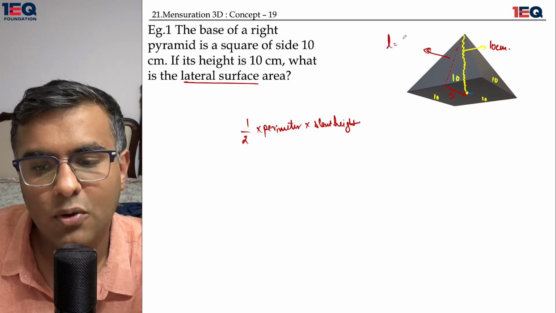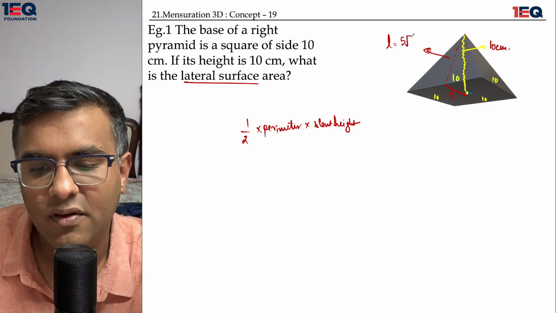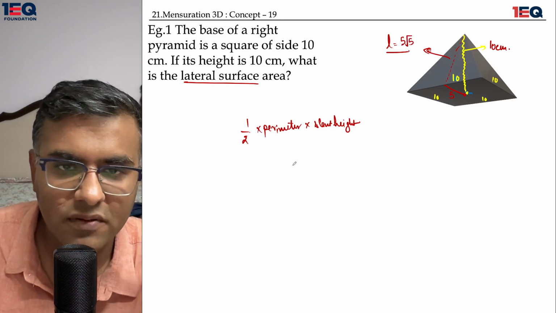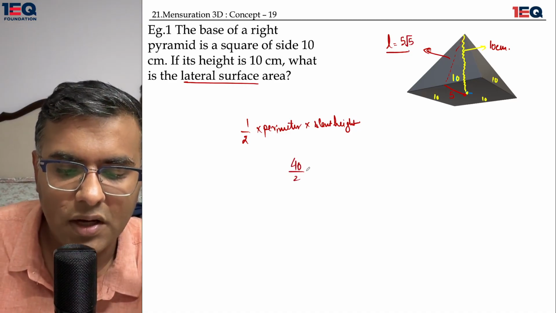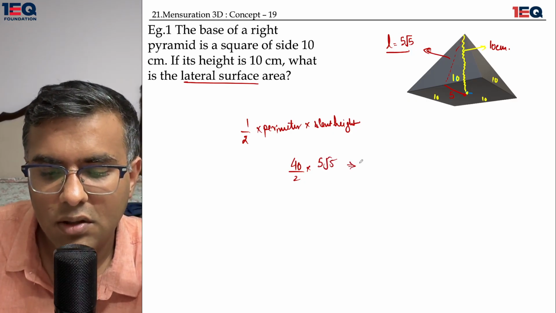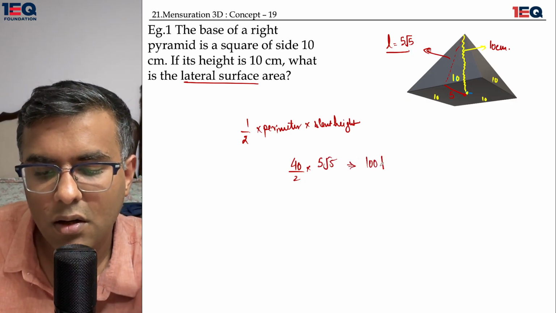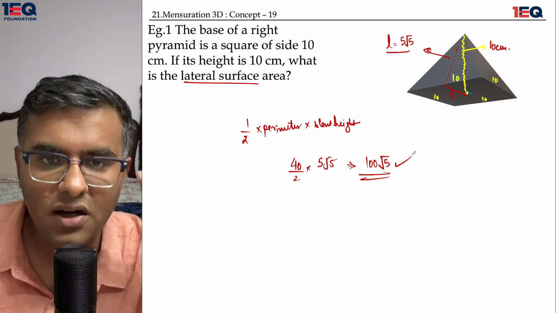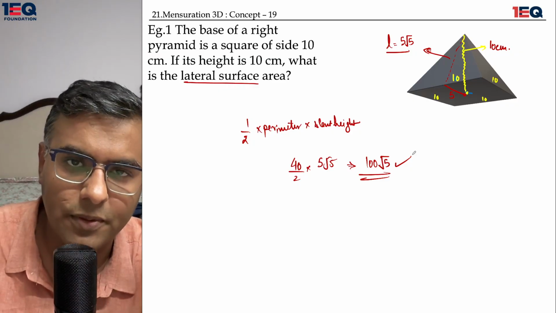So I will keep the root 125 as 5 root 5. So my L becomes 5 root 5. The perimeter of the base is 40. So 40 upon 2 into 5 root 5. This gives me my answer as 100 root 5. So this is the lateral surface area of the pyramid.